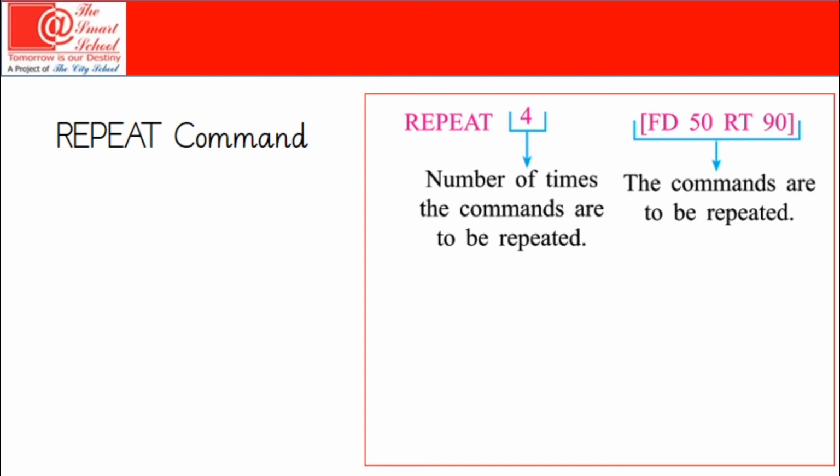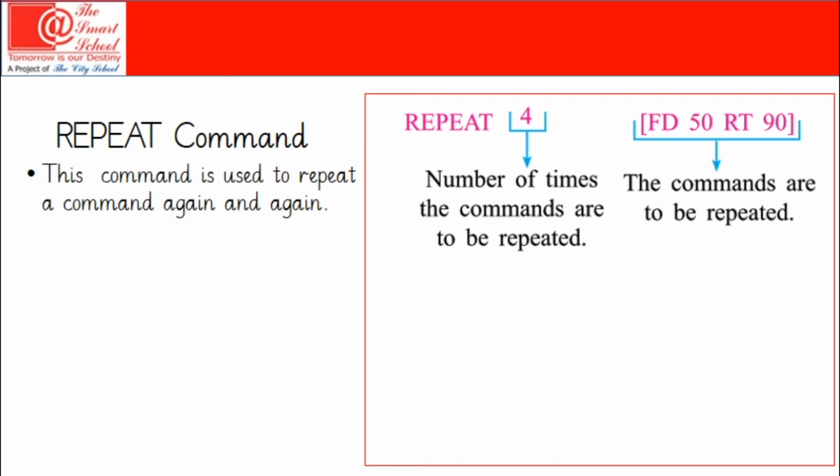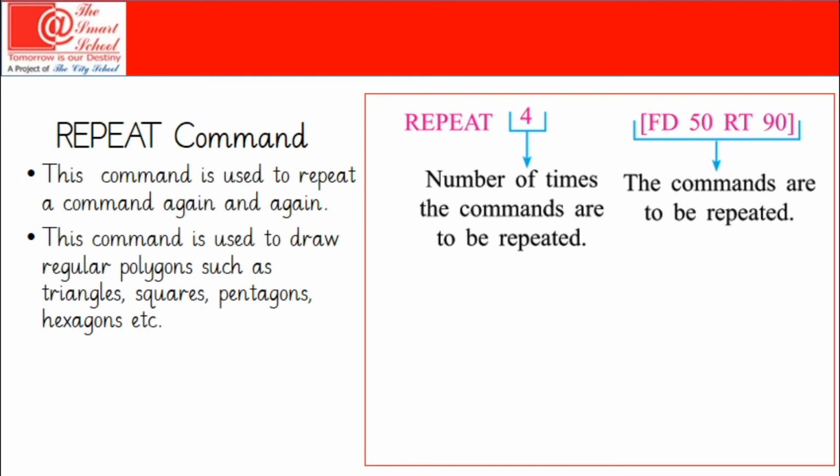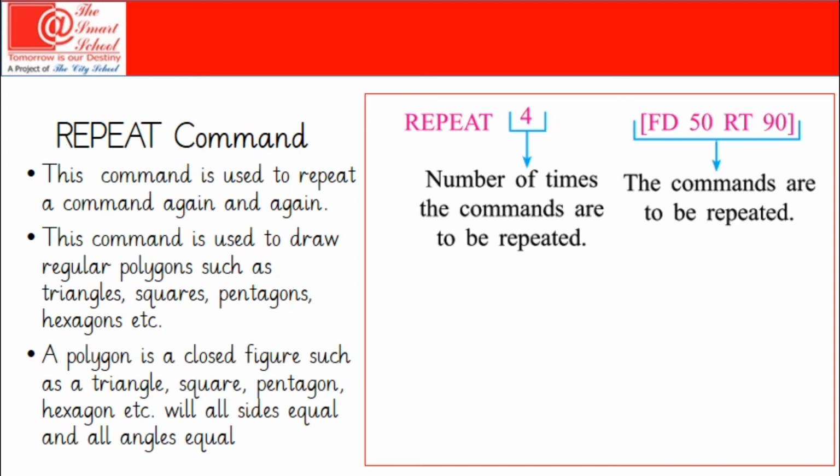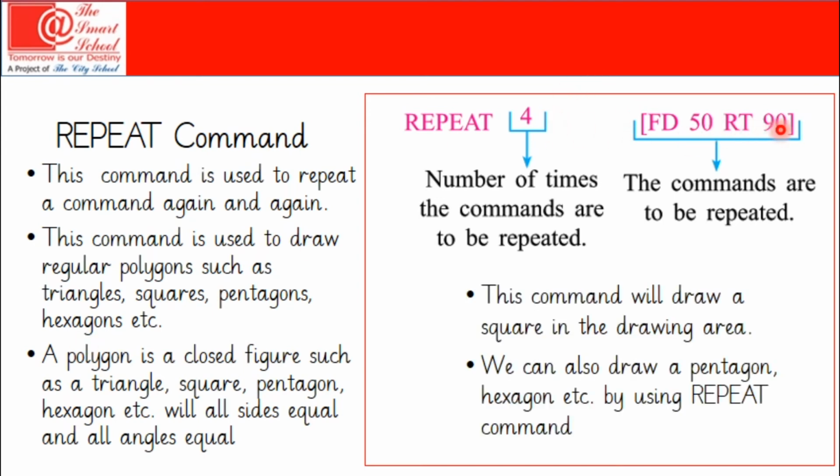For example, here repeat 4, FD50 RT90. We want to draw a square with side 50 points.